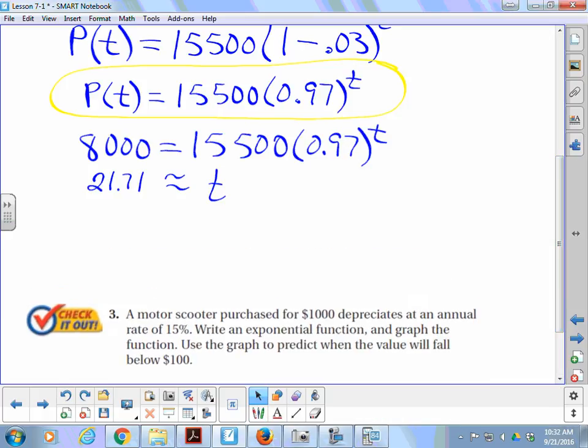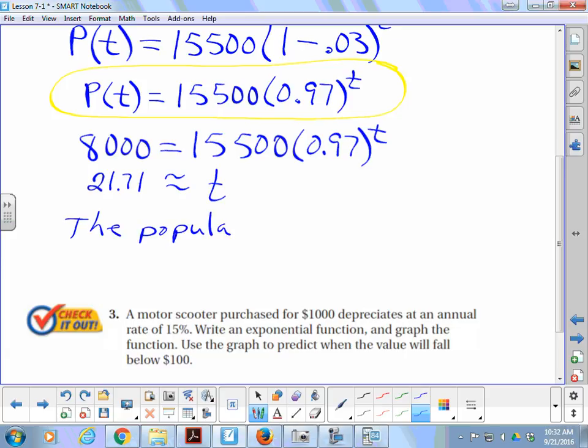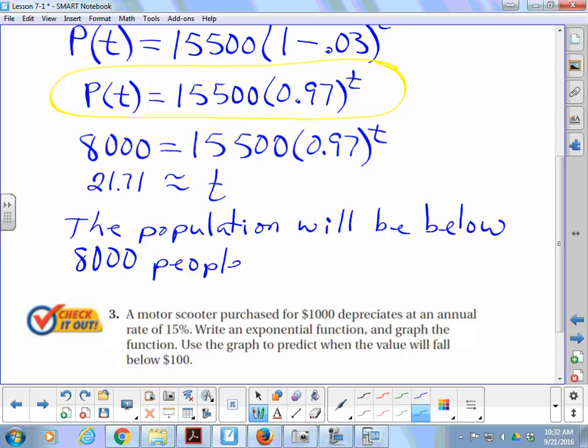So we will say, write a sentence, population will be below 8,000 people in about.